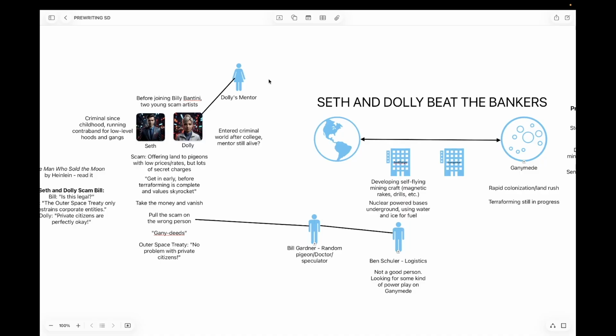Dolly's mentor. We'll figure out more about her, but we can add some notes about it. It's things that I've slapped down here. Let me get this out of the way here. Actually, I kind of want it like that. There we go. Let's say a businesswoman with illicit dealings, successful, retired.